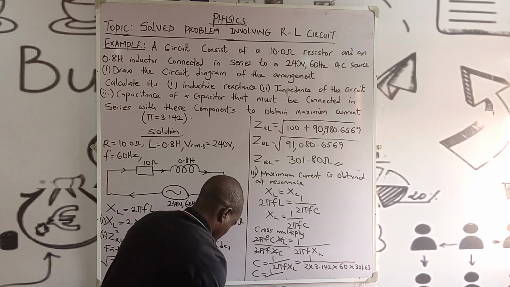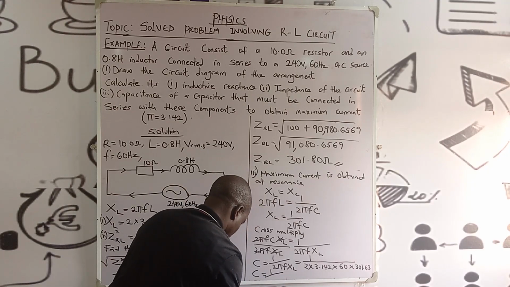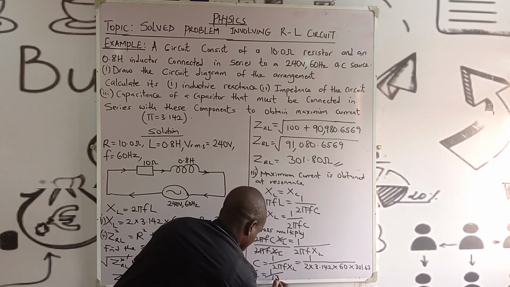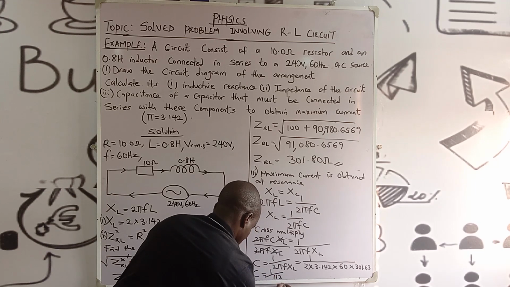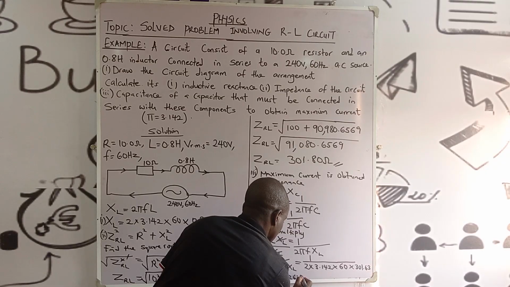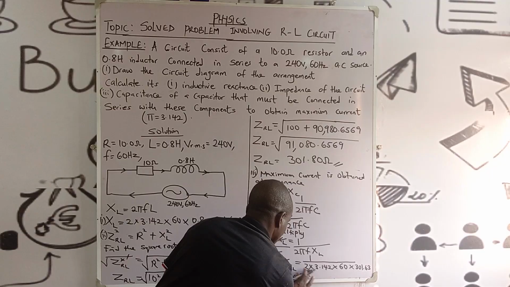C now equals 1 divided by, when you multiply the denominator, you have 113,726.5752.